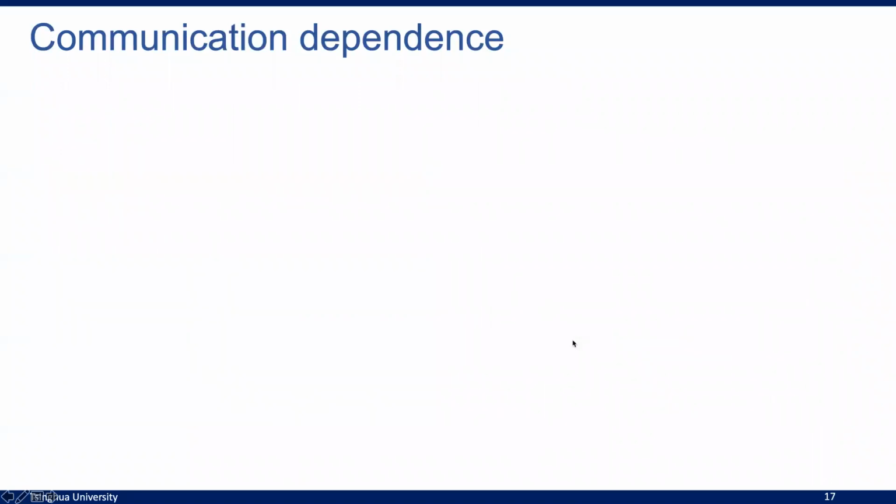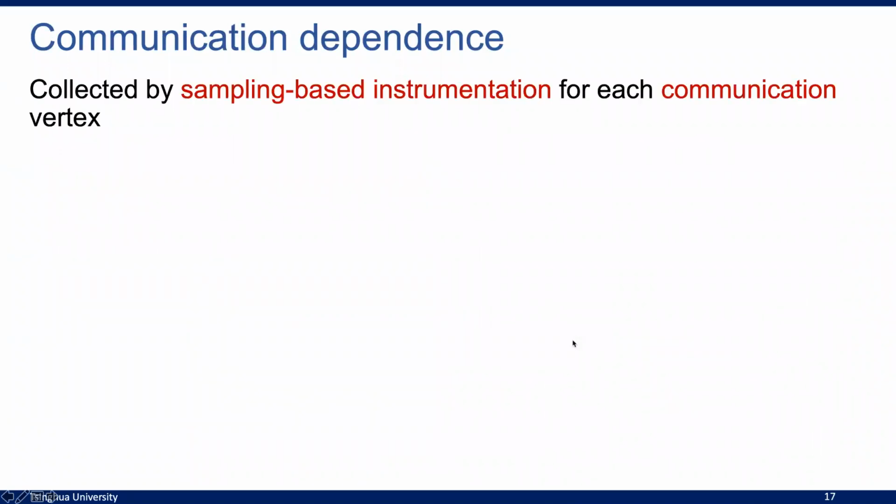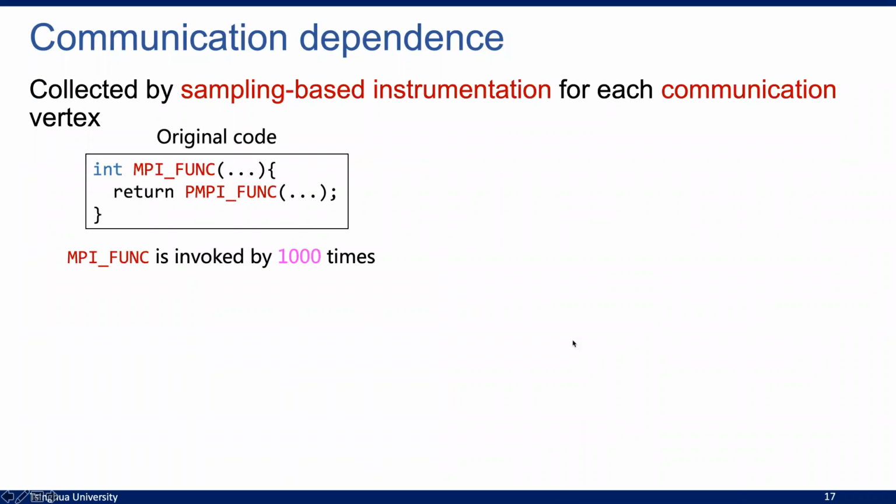Then we use sampling-based instrumentation to collect communication data. For example, this is the original code for an MPI function, and it is invoked 1,000 times at runtime.